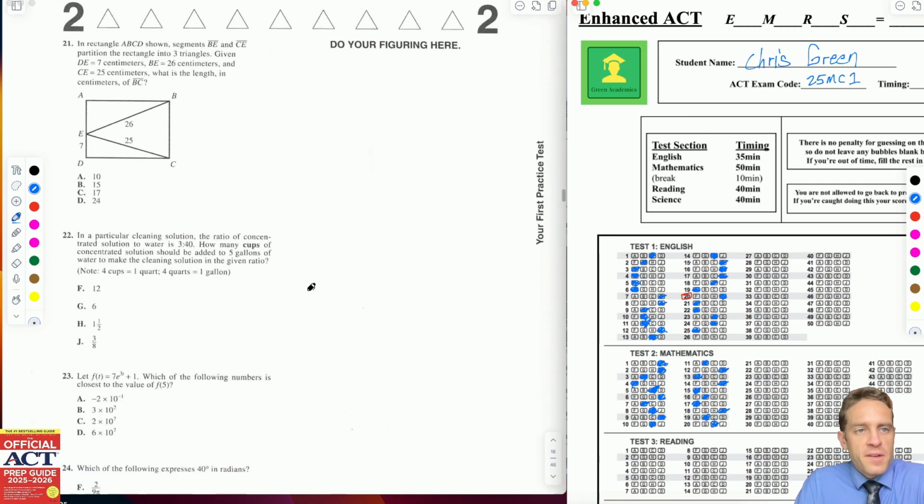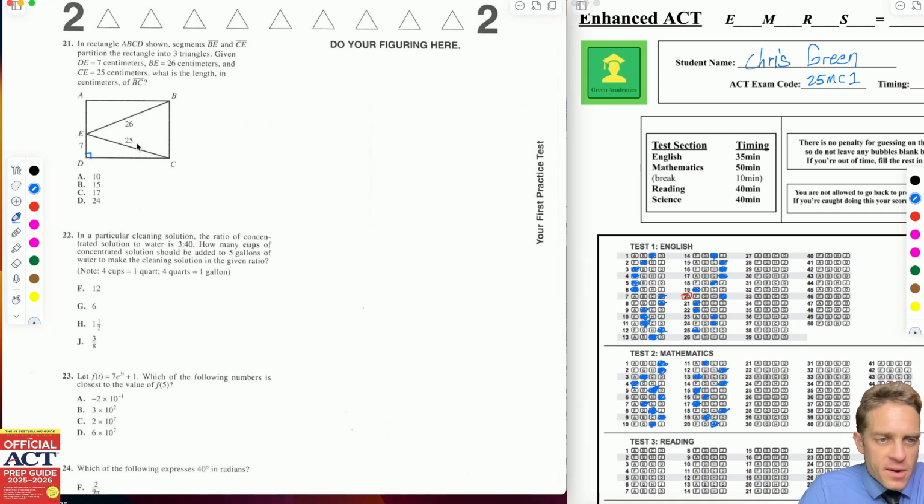In rectangle ABCD shown, segments BE and CE partition the rectangle into 3 triangles. Given DE is 7, BE is 26, and CE is 25, what is the length in centimeters of BC? Well, these create Pythagorean right triangles, right? So, in fact, they're Pythagorean triples.